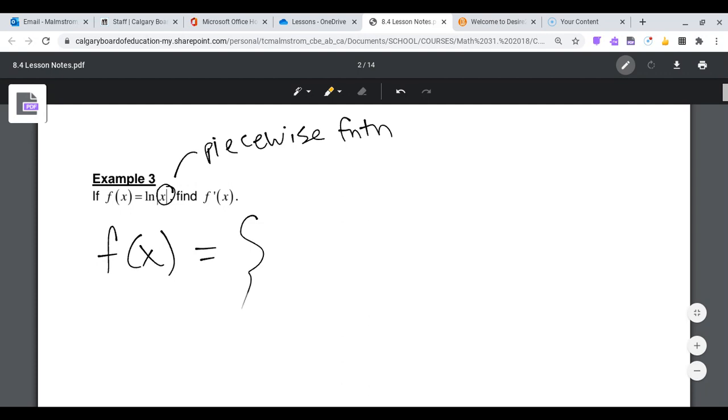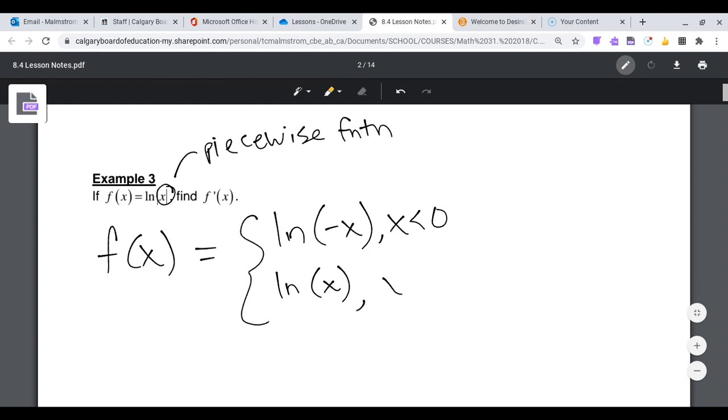This original function before we take the derivative is going to be ln of negative x when x is less than 0, and ln of positive x when x is greater than 0, and x is not going to be allowed to be equal to 0 because it's a log function. We can't take the log of 0.